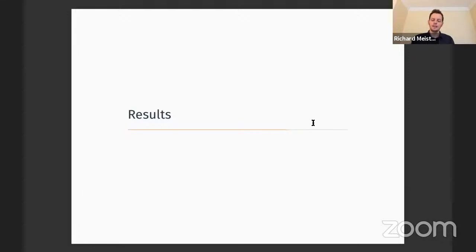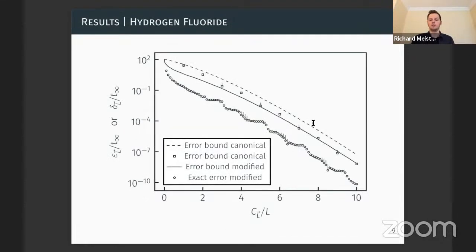And we calculated the errors for the small molecules. So here is an example. This is hydrogen fluoride. This has 11 qubits. And vertically here, you can see the error. So this is the distance of the operator we're implementing to the exact time evolution. And horizontally here is the cost of implementing that.